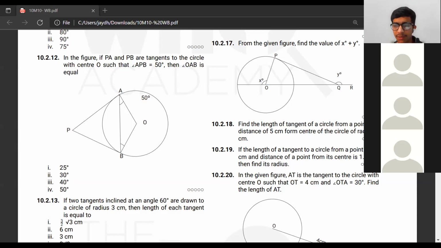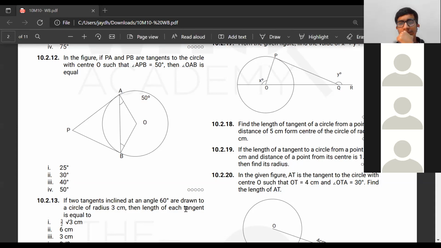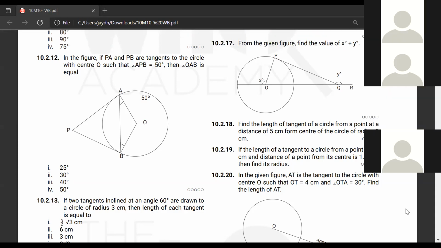Abhishek, correct. Nice. Yes, Aditya, Amay, Ananya.